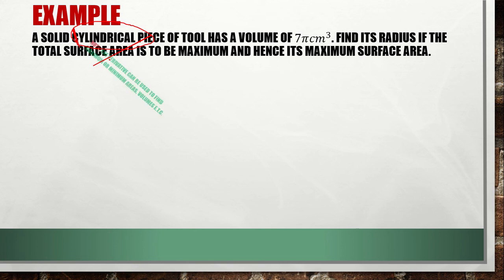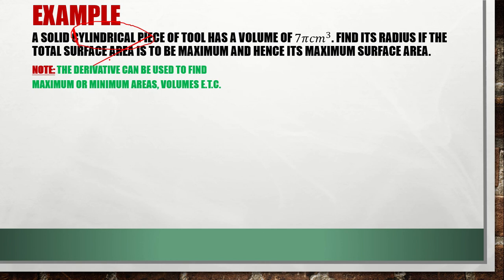We know that the derivative can be used to find maximum and minimum areas, volumes, etc. So my minimum or maximum volume will be when dV over d(dimension), where the dimension is either the radius or the height, is equal to 0. So at maximum or minimum volume, the derivative of that shall be 0. That's what my equation will mean.